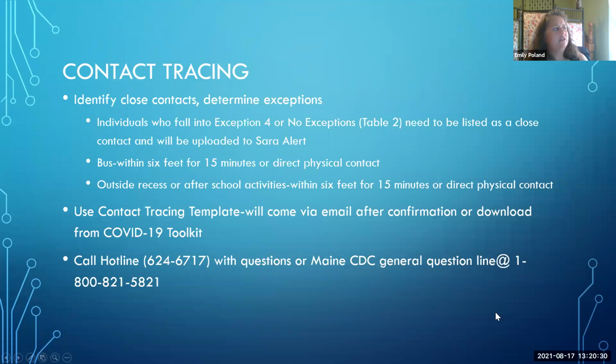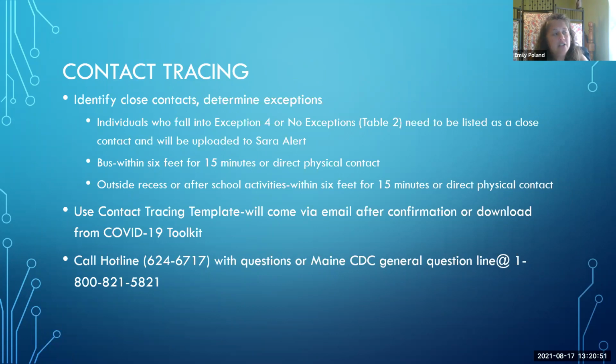What I wanted to look at when you're doing your contact tracing: individuals who fall into exception 4 will be listed as a close contact on your contact tracing template and be submitted to the DOE contact tracers.